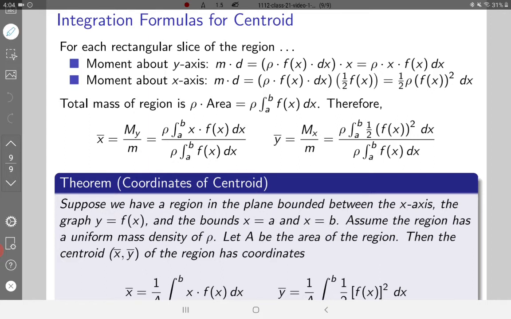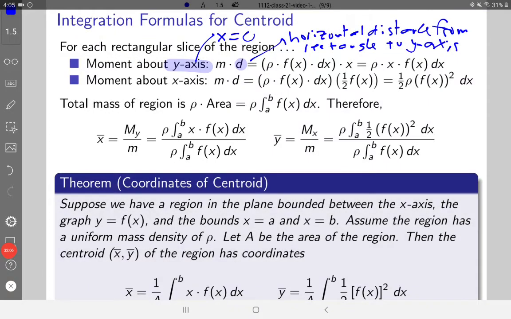So when I say up here, the moment about the y-axis, remember to think about the y-axis as the vertical line x equals 0, which is why I'm talking about the left-right horizontal x contributions of this rectangular mass to the moment. So when I say m times d, I mean the horizontal distance.